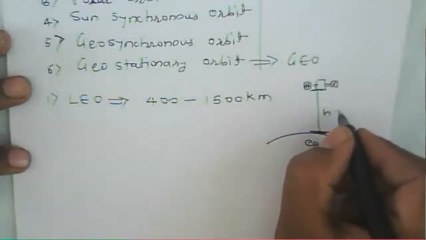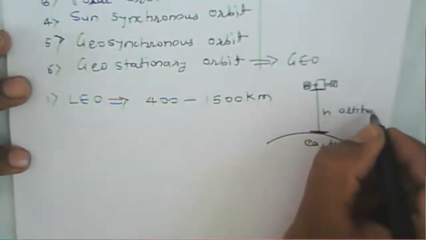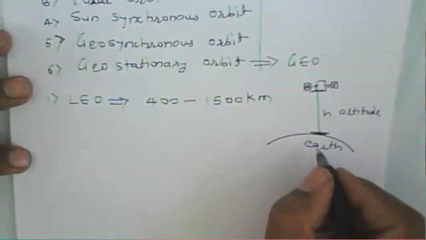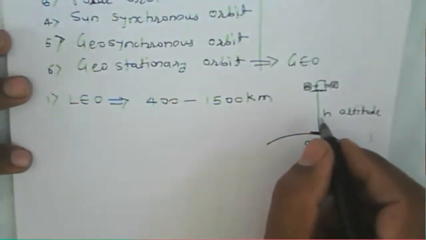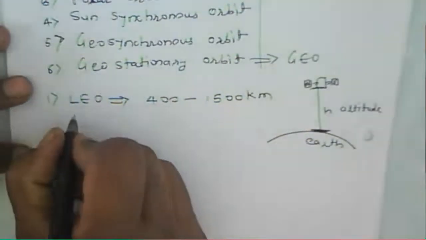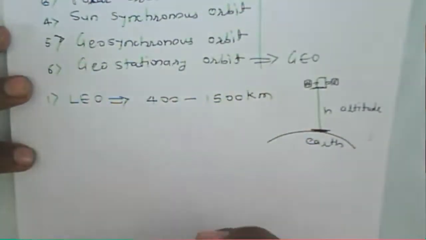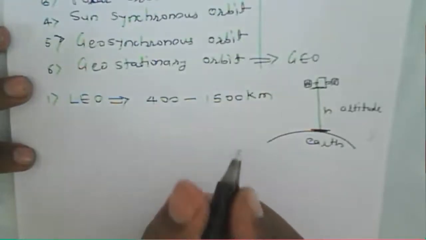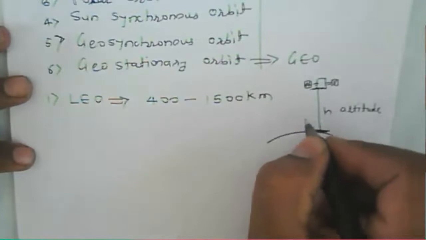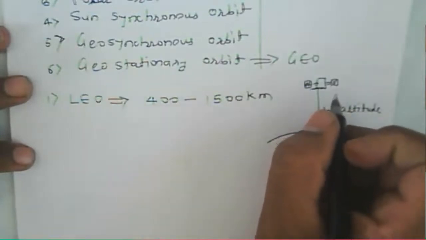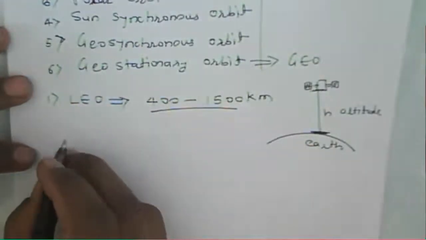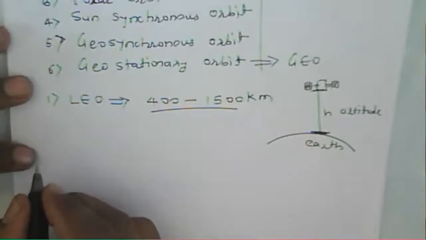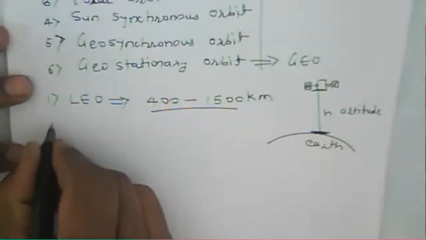From the surface of the Earth to this satellite point, that is nothing but the altitude. We will not take it from the center of the Earth, we take only the distance from the surface of the Earth. So in a LEO orbit, the height of a satellite will be in the range of 400 to 1500 kilometers.